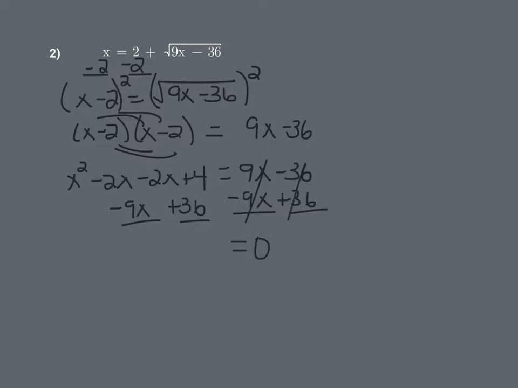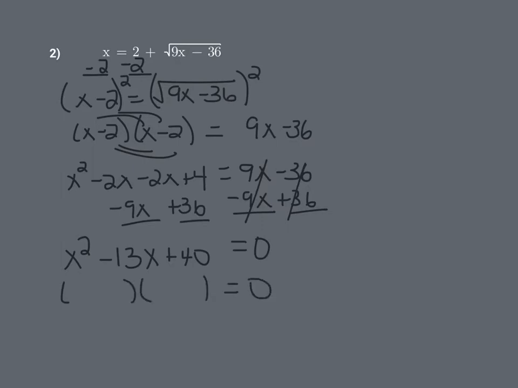And on the left, I'm going to have an x squared. And when I combine my negative 2x and negative 9x, that's going to give me negative 13x. And then when I combine my positive 4 and my positive 36, that gives me positive 40. Okay, again, this is a pretty straightforward factoring question. Since we have a 1 as our leading coefficient, a 1x squared, that's when we're able to just jump right in and set up 2 sets of parentheses.